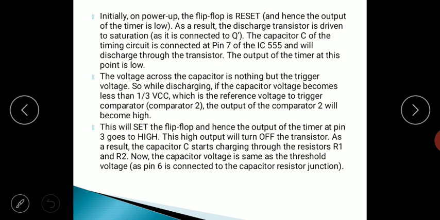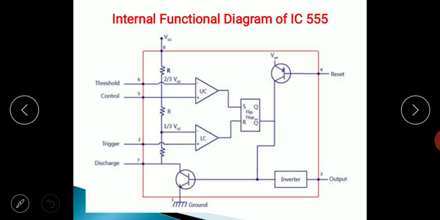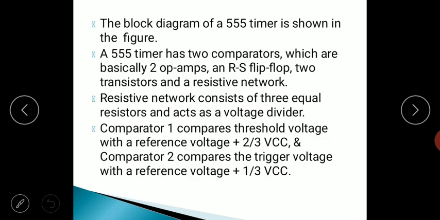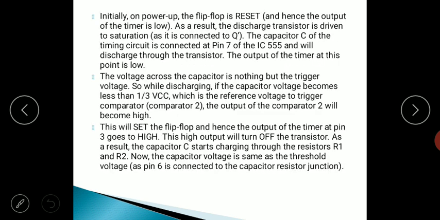And because the output of the flip-flop is low, the discharge transistor present in the block diagram, you just recall the block diagram of the timer, this is the discharge transistor. Because its output is low, what happens? The discharge transistor is driven to saturation, and the capacitor will start discharging, right?